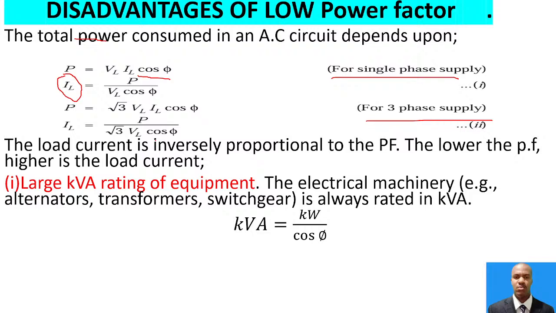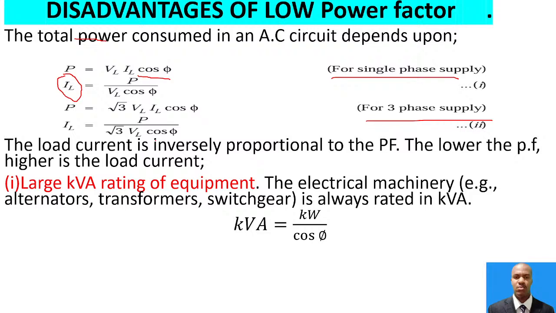So we simply say that kVA rating of equipment is always inversely proportional to the power factor. At a low PF, the kVA ratings of equipment have to be made very large, and this makes the equipment become larger and very expensive.